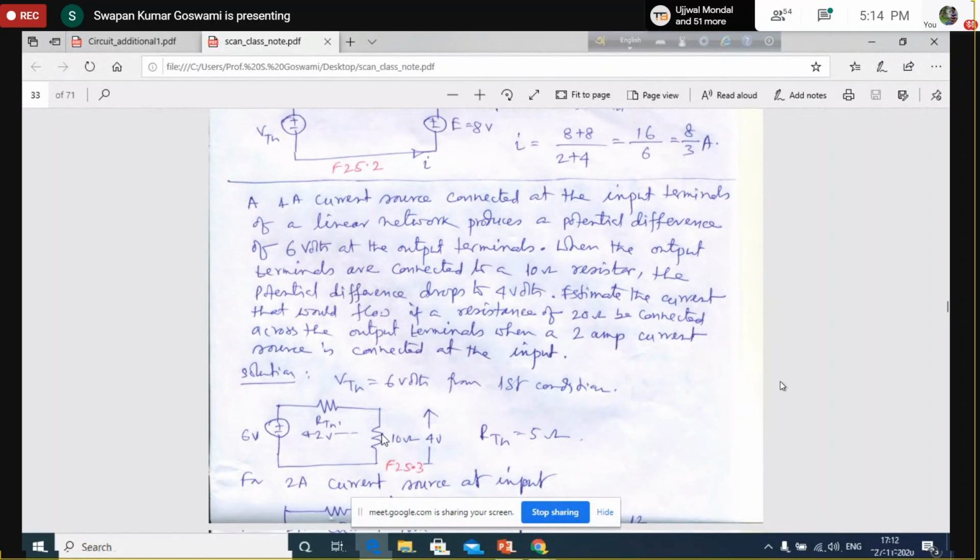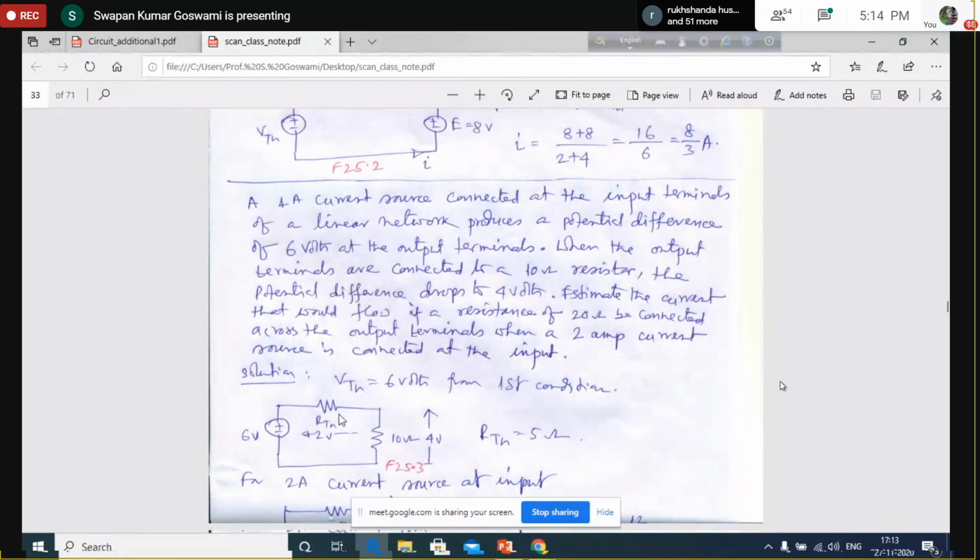Would you understand the statement of the problem here? When the output terminals are connected to a 10 ohm resistor, the potential difference drops to 4 volt. All right, that means this is the situation. This was the output terminals. Previously, it was open, so you got 6 volt. This 6 volt, because no current was flowing at the output, was obtained here. Now, this R Thevenin is internal to the network.